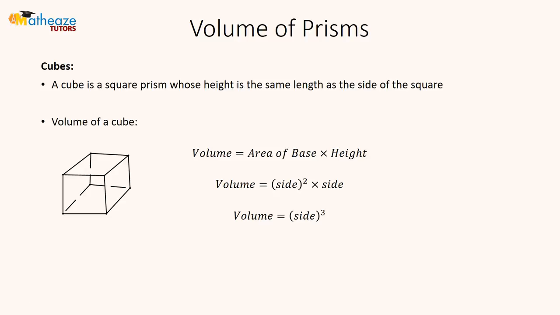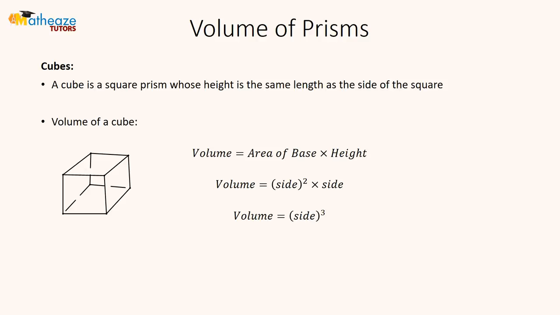So a cube is a unique type of prism because it has a square base, but also the height is the same length as the side of the face of the cube.